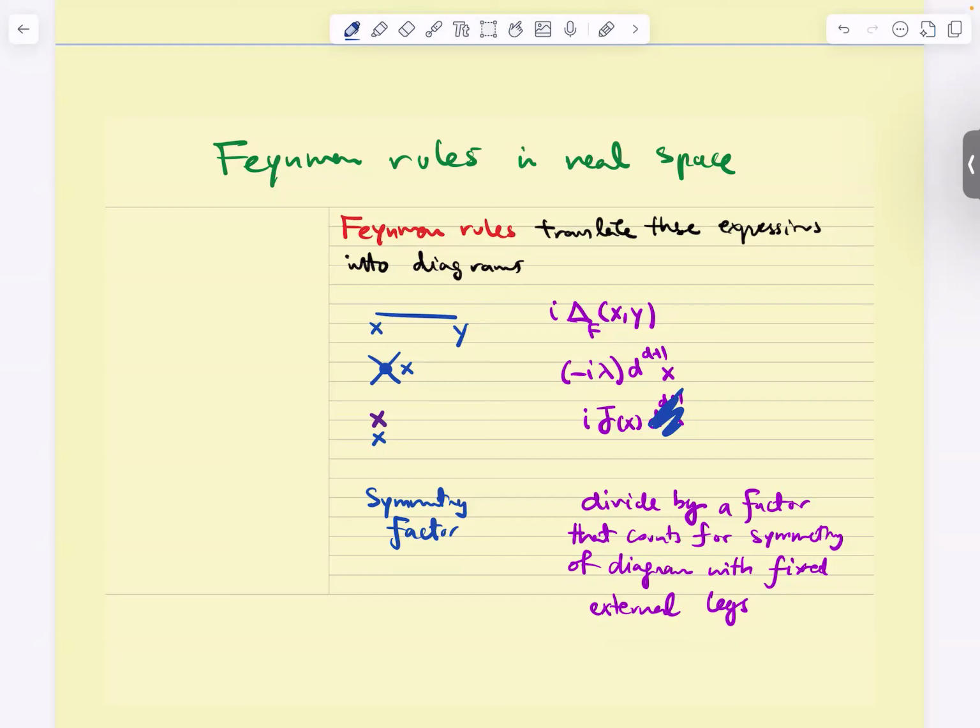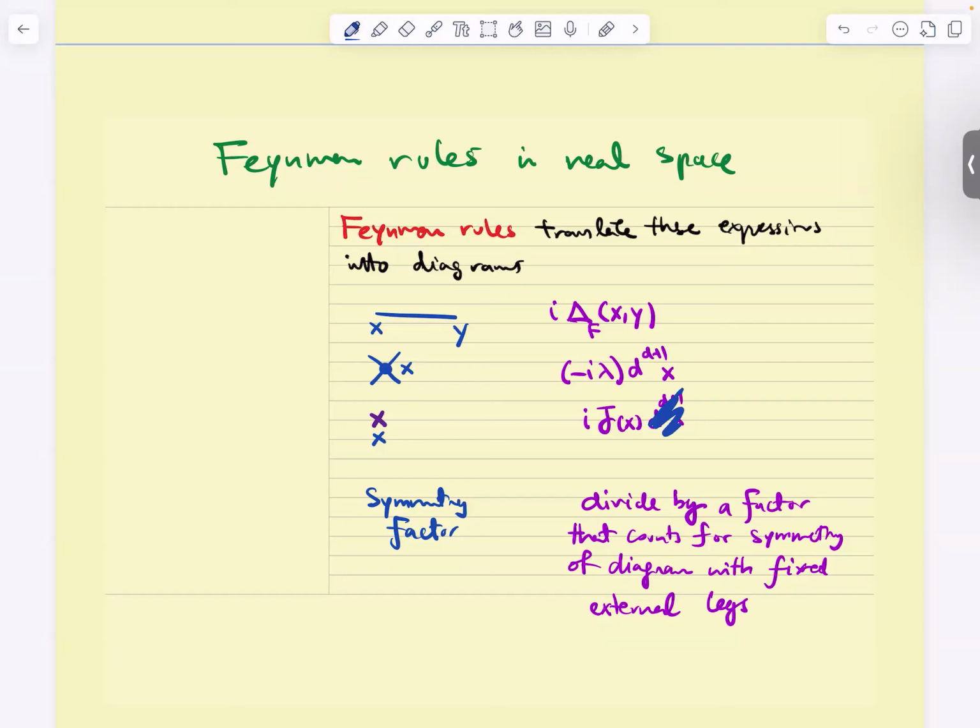This is a diagram we draw. What is this? This is an integral, an awful integral. We first put points here: x1, x2, x3, x4, x5, x6, x7, x8, x9, x10, and so on. This is a propagator. You will identify external points. There will be a bunch of crosses as well.